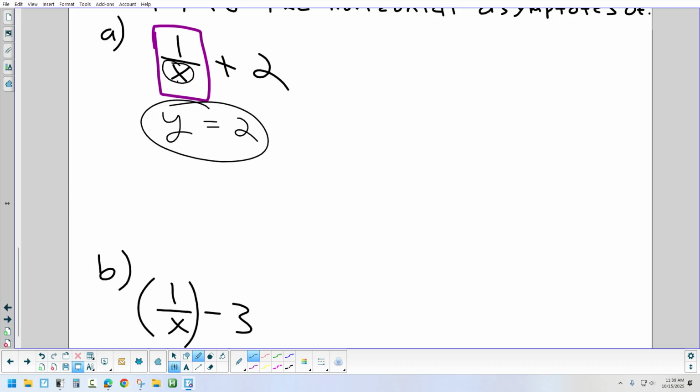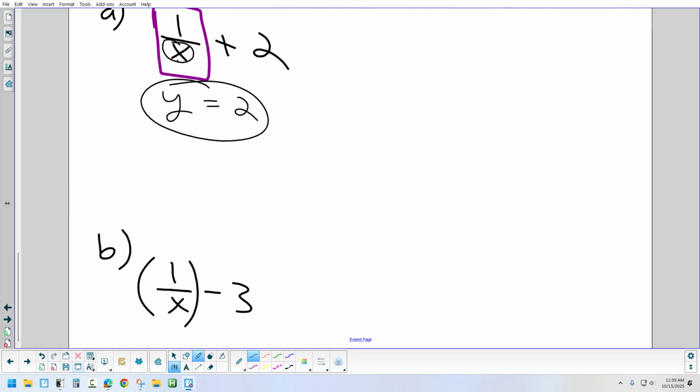Okay. How about this one? Again, look at what happens as you let x be a really, really big number. Look at what happens to the fraction, and then subtract 3 from that. And that's the number you're going to get close to, but never reach. So what's the horizontal asymptote in example B? Yeah? -3.